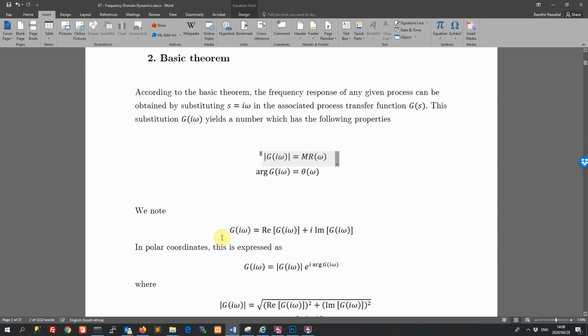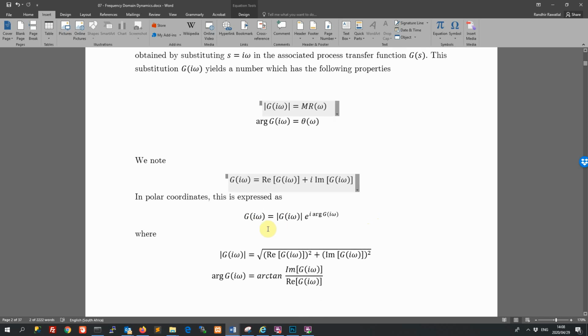Right, we've already said this G of even a pure imaginary number may have a real part. It generally will have a real part and an imaginary part. In polar coordinates, of course, we can express this in this way, that this complex number G of i omega will be the magnitude multiplied with e to the i of the angle of that complex number.